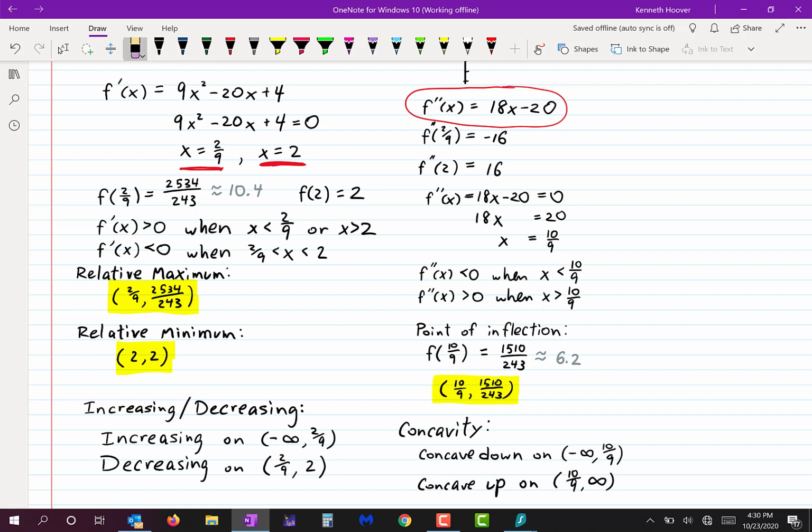And how do I tell that? I just pick a number greater than 2 and plug it into f prime. So the function will be increasing again on the interval from 2 to infinity.